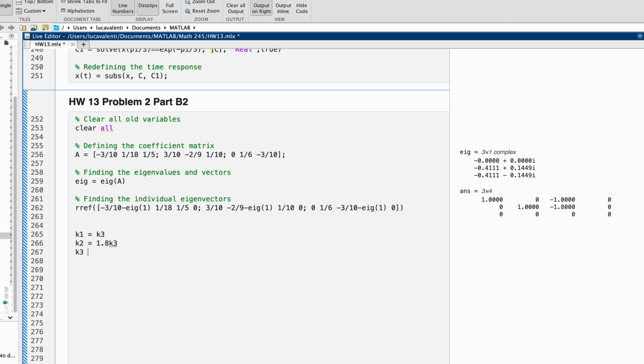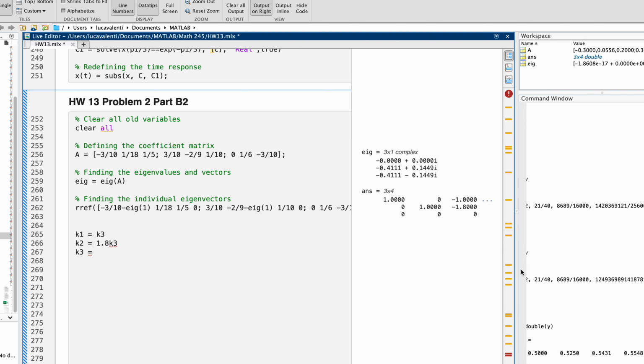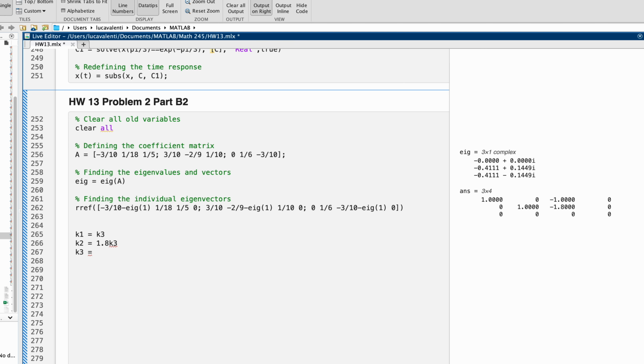So K3 is going to be what? K3 is going to be, well, how do I express 1.8 as a fraction? Well, let's see. 18 over 10, that's the same thing as 9 over 5. So if I want to make this a whole number, I need to multiply it by 5.